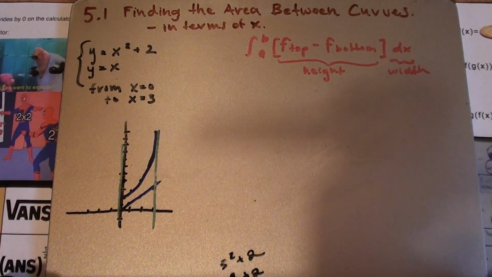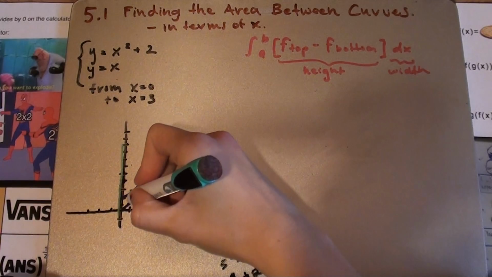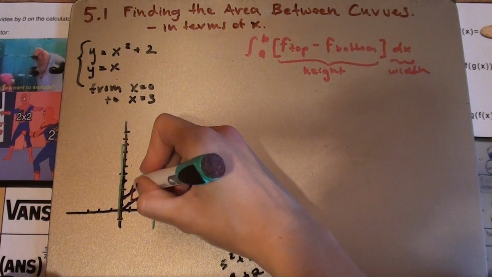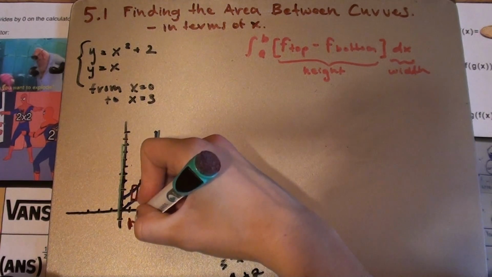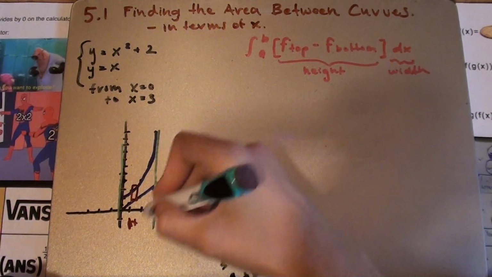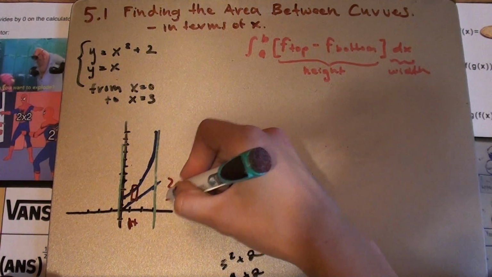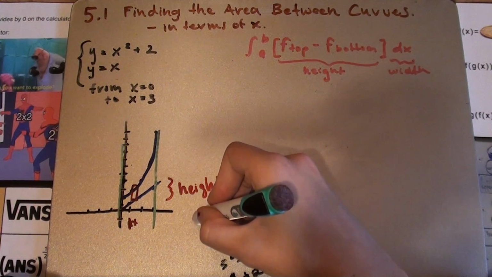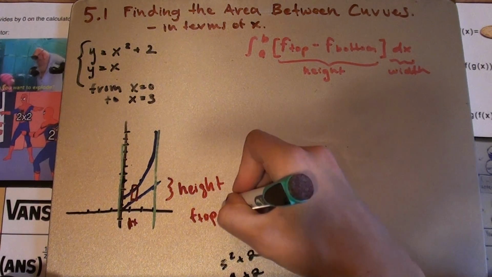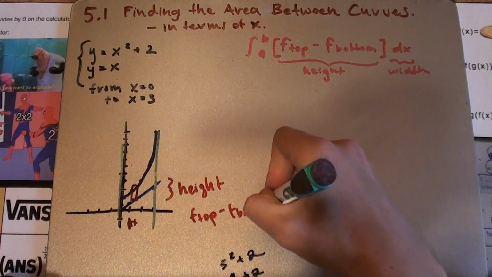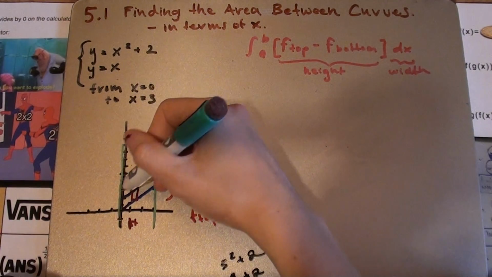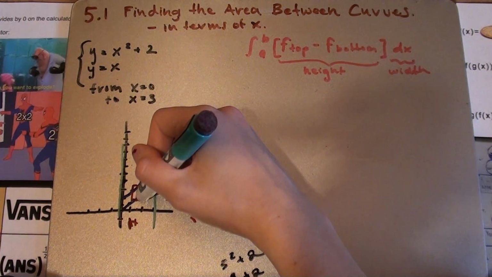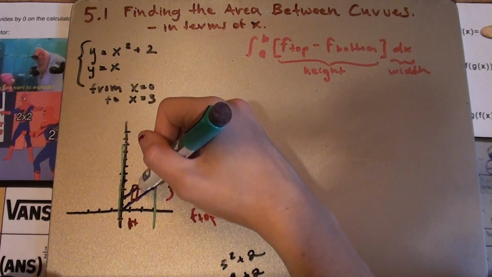Once again, if we draw a rectangle in there, we're going to have some dx width, and then our height is going to be determined by the top function minus our bottom function. Because we're going to take from here to here, and subtract out from here to here, and get left with only the stuff that's in the middle.